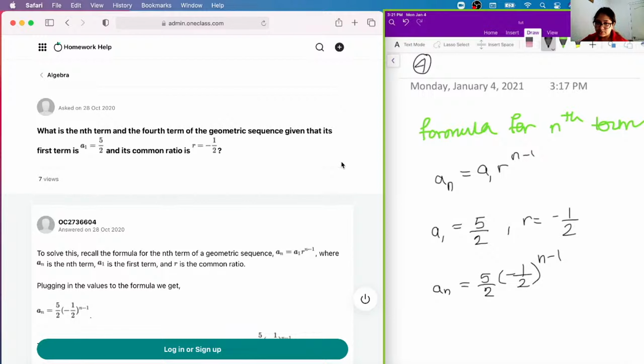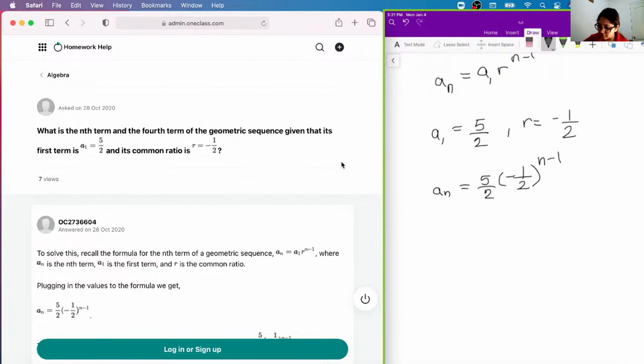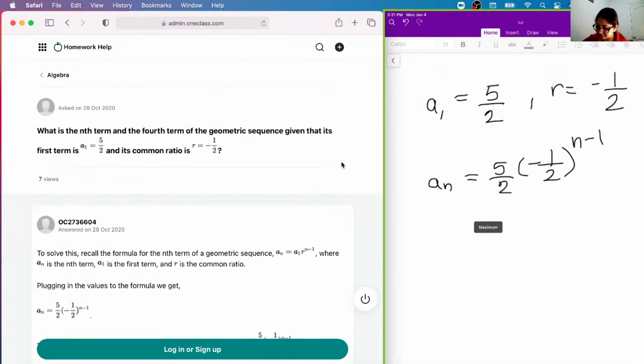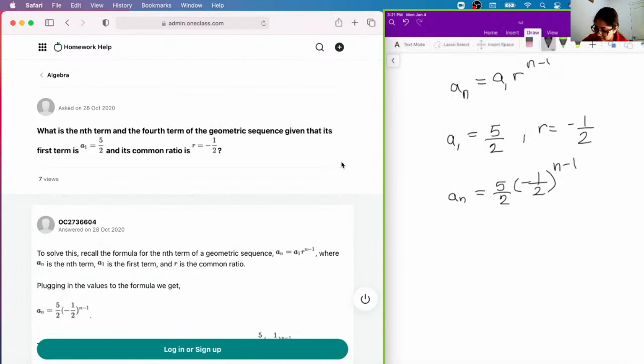And so in this case, we're trying to find the fourth term. To do that, we can just plug in. You can basically say that a sub 4 is equal to 5/2 times -1/2, right?